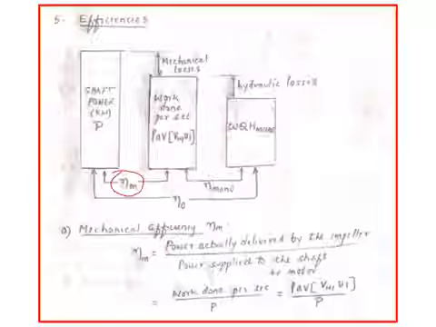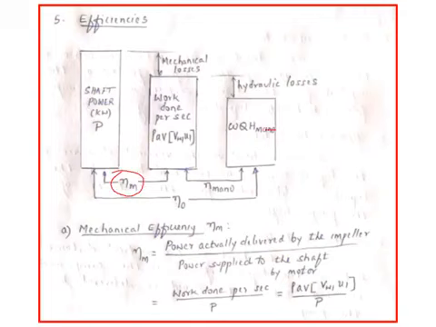Now using this work done per second, the water is lifted to a particular height. Suppose it is lifted to HM, that is the head against which the pump is working. If you want to convert to power, then it is WQ into HM.